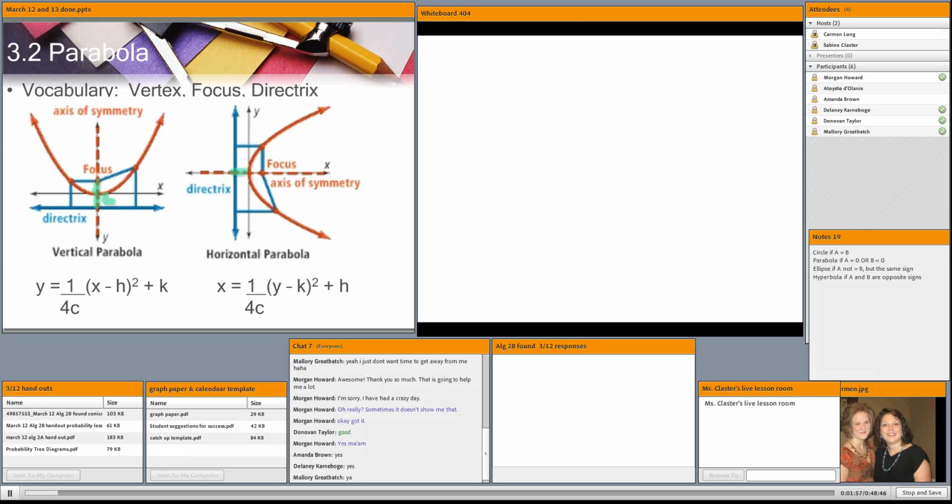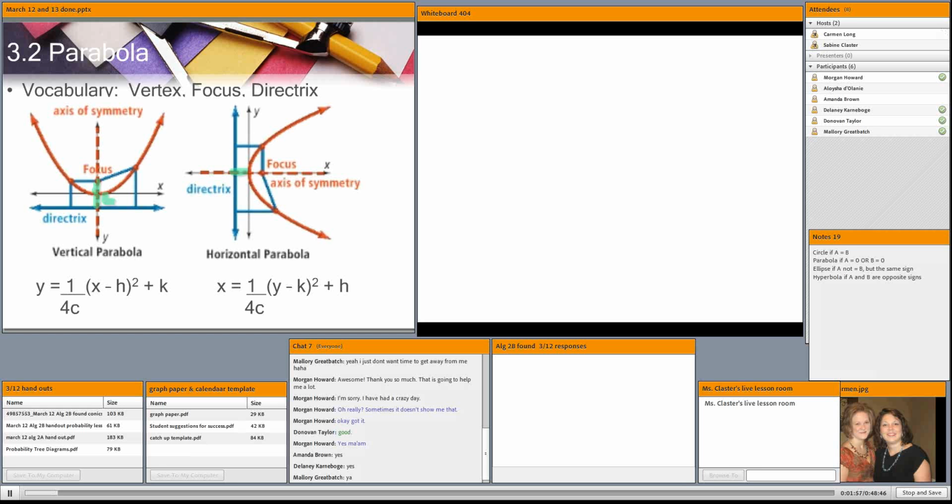The directrix is an equation of a line. This directrix goes this way. It's a y equals number, y equals whatever, because it crosses the y-axis.